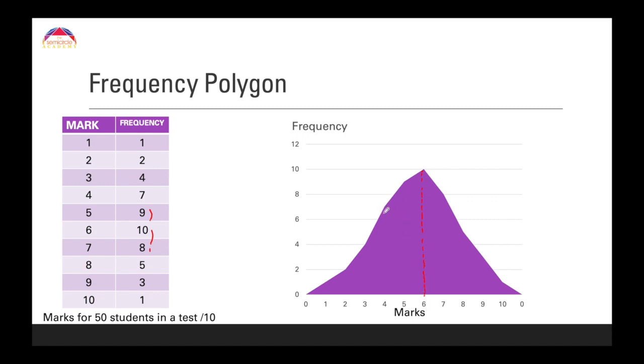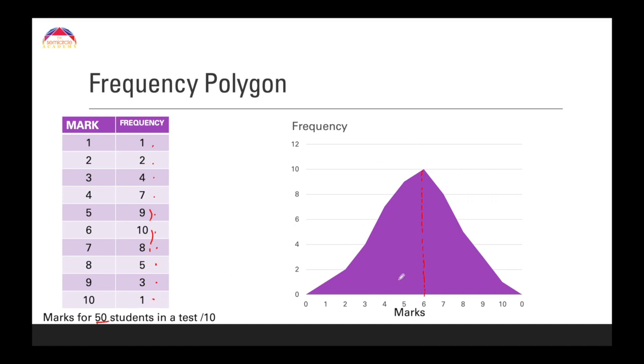So we could tell from this graph that of this entire class, and we know that we need to add up the frequencies because these are numbers of students. That is what the frequency is. So when we add that up, we'll get 50 students, right? The marks for 50 students.